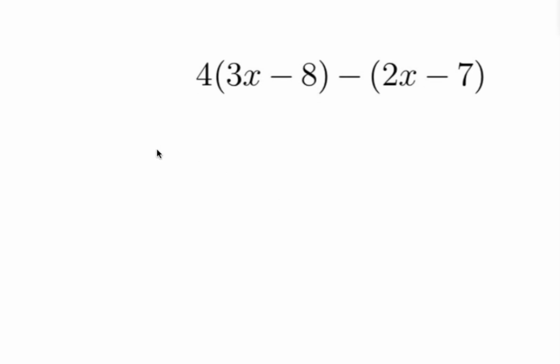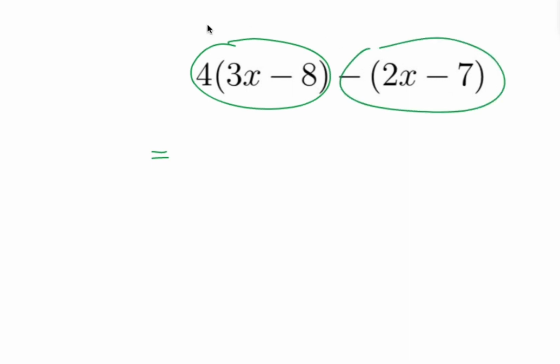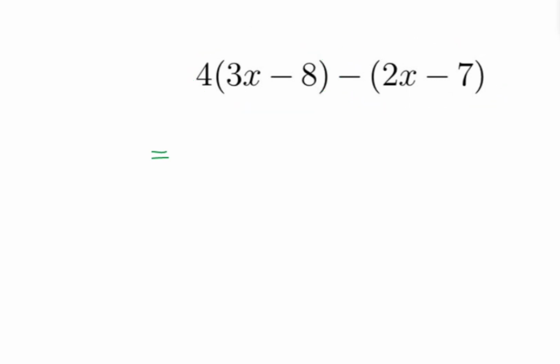Okay. Now here two terms. This is first one and this is second one, separated by minus. And here we can apply distributive property. Here also we can apply distributive property. So here multiply with 4. 4 times 3 is 12x. Now 4 multiply with minus 8 is minus 32.